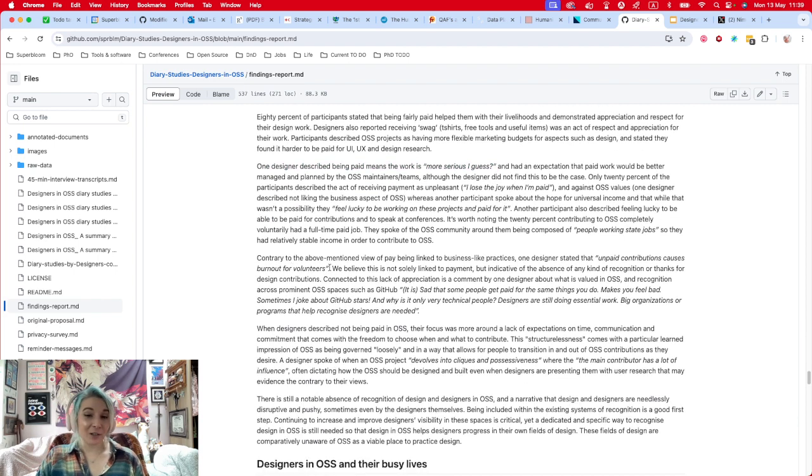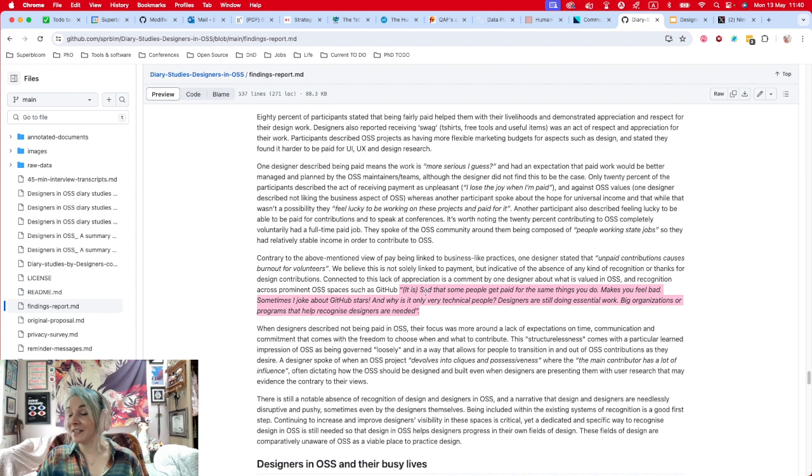But also, typical things that you would find in many research pieces into open source software, like unpaid contribution causes burnout. I think this is really interesting for me, right? This is a direct call out to GitHub Stars.